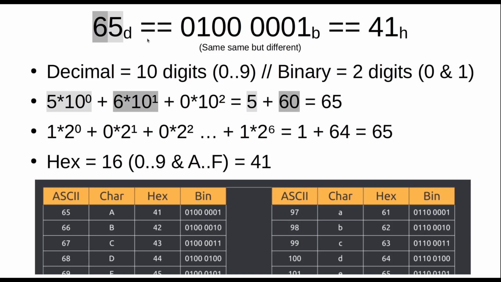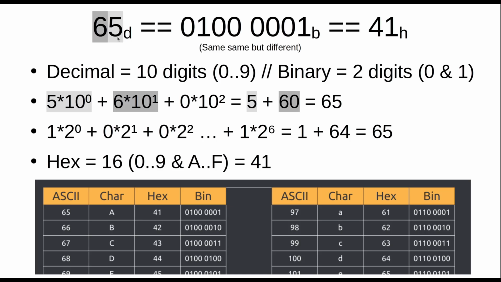And so we also need a mapping from numbers to sequences of ones and zeros. And so the decimal system comes from deca, meaning 10, because every position in a number has 10 digits. It can be 0, 1, 2, up to 9. And binary comes from the fact that it has only 2 possible digits per position, 0 or 1.